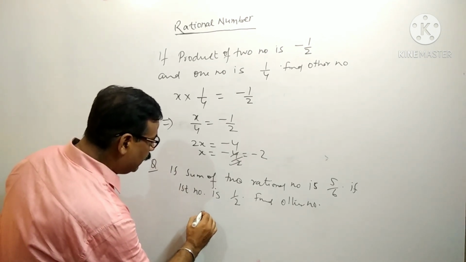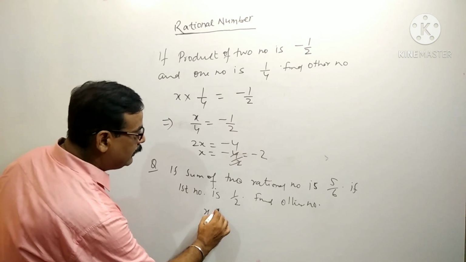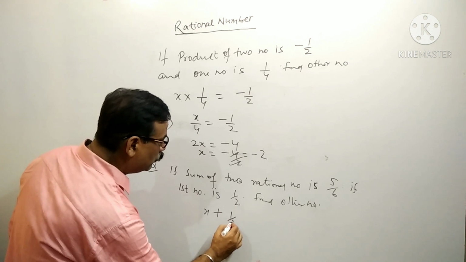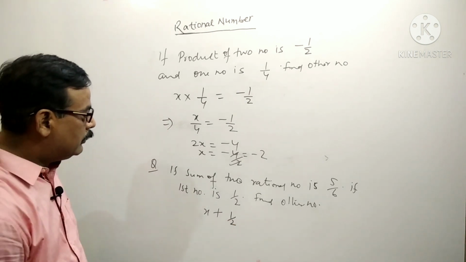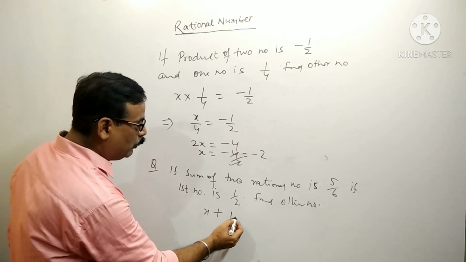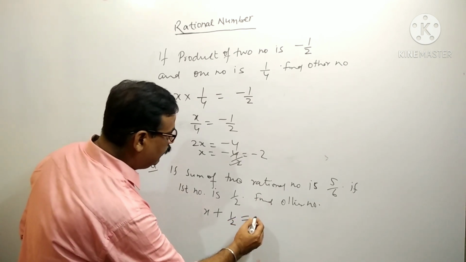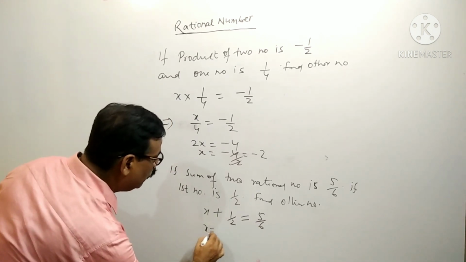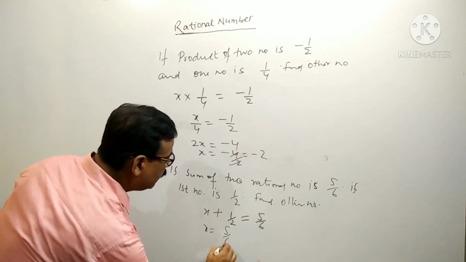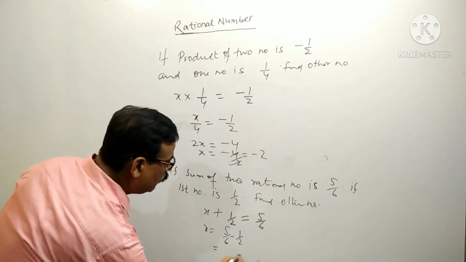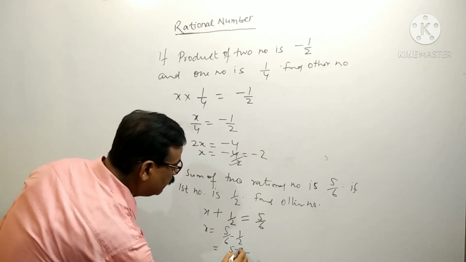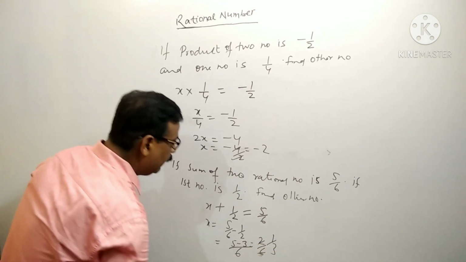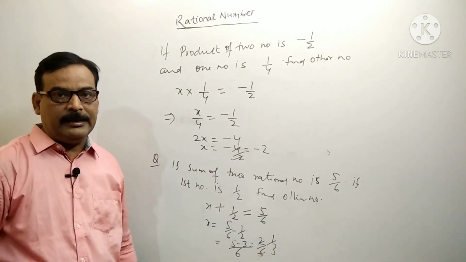Suppose the first number is x, so x is added to 1 by 2, which gives as a sum 5 by 6. So from here we can find the value of x, that is 5 by 6 minus 1 by 2, which is equal to 5 minus 3, that is 2 by 6, and we can say the value of x is equal to 1 by 3.